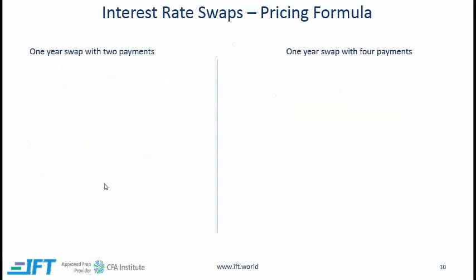Now what I'm going to do is take the concept that we've just learned and generalize. There is an extremely important formula that we will arrive at, which will be used to calculate the fixed rate. If we take our simple scenario where we had a 1-year swap, so there was a payment at the end of 6 months and then a payment at the end of the year.